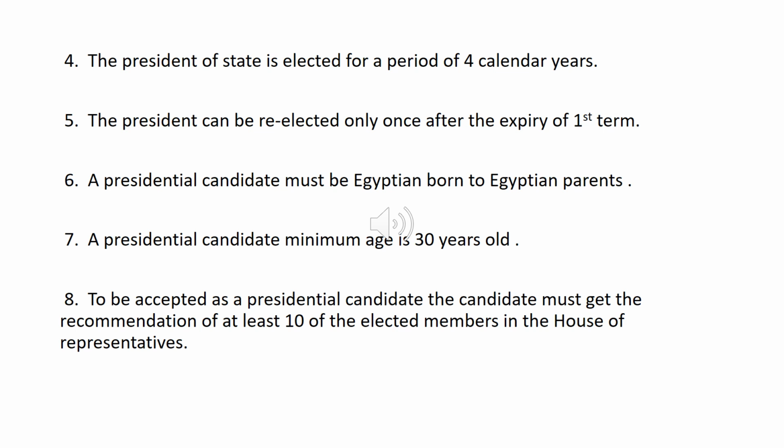One of the conditions to be able to run for elections is you must get the recommendation of at least 20 elected members of the House of Representatives, or you can get support from at least 25,000 citizens.